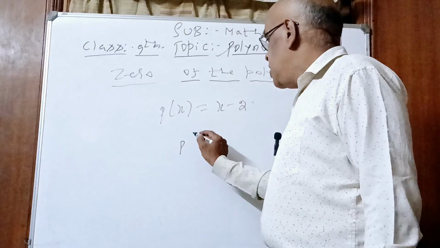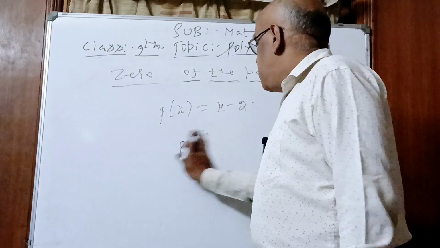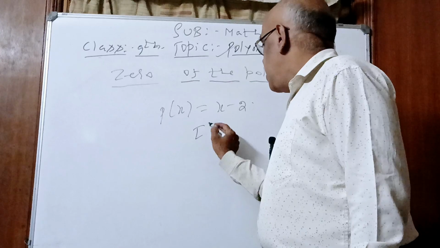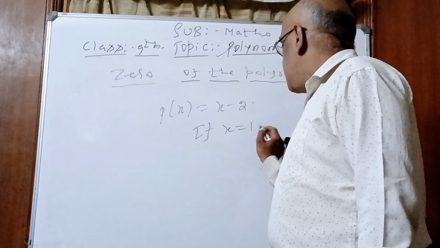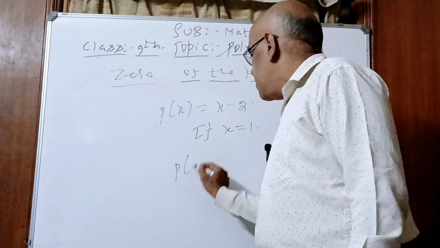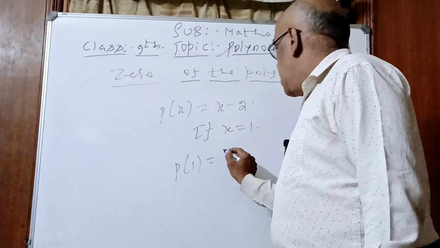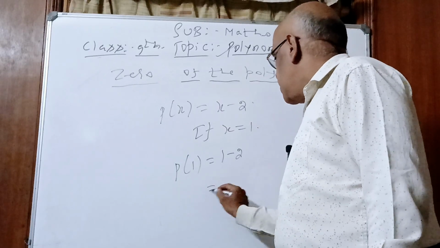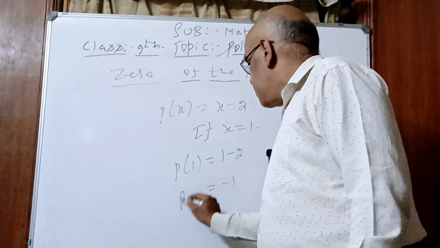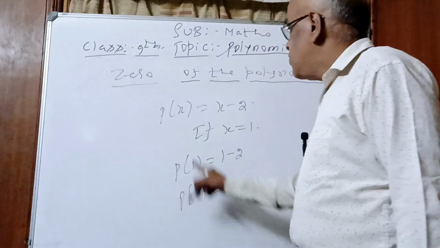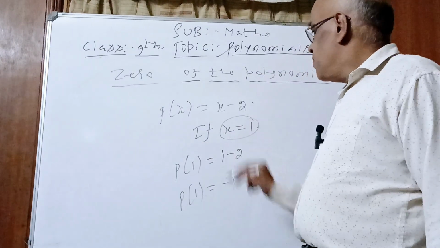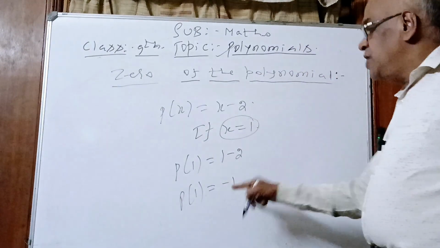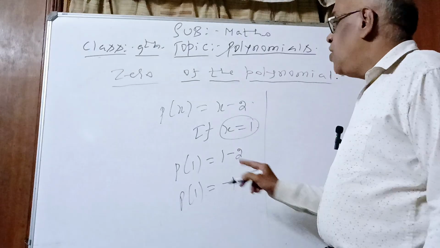In this given polynomial, put some value. If x is equal to 1, what is P of 1? 1 minus 2 is equal to what, children? Minus 1. The value substituted for x is 1. P of 1 is minus 1. It is called the value of the polynomial.